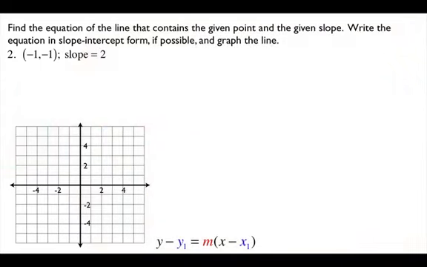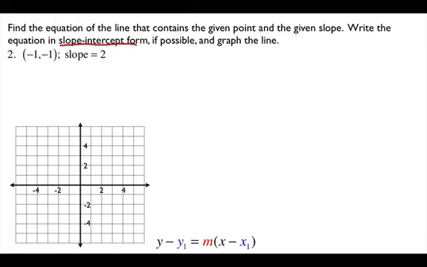Here's 2. Same directions, just a different problem. So again, I'm given the point, and I'm given also the slope, and I need to put this equation in slope intercept form if possible, and then I'm going to graph the line.